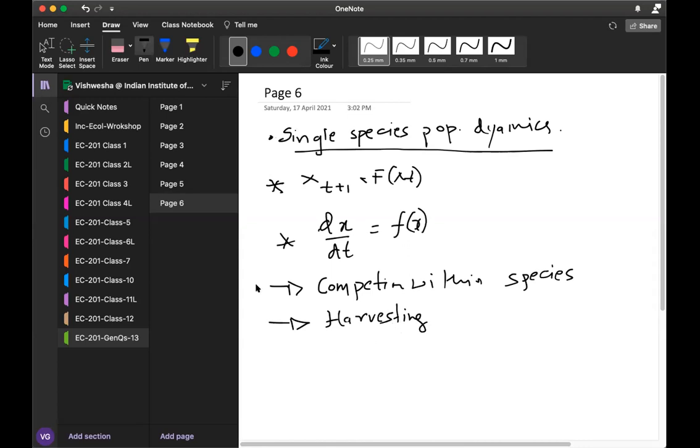And then using these simple processes, we have tried to study implications. Okay, what are all the possible dynamics that can happen in this simple modeling context.